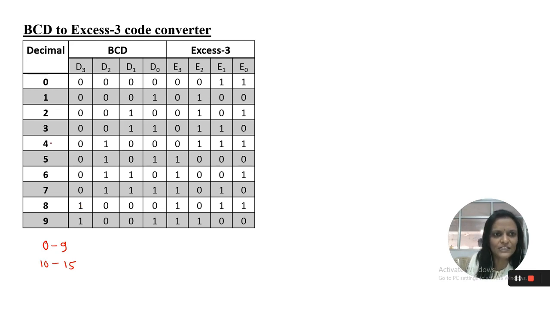These 4 columns D3, D2, D1 and D0 are the 4-bit equivalents of the BCD numbers for this decimal number. And the third set of columns is the XS3 number, which we have obtained by adding 0011 to the corresponding BCD numbers. These are the columns of XS3, E3, E2, E1 and E0.